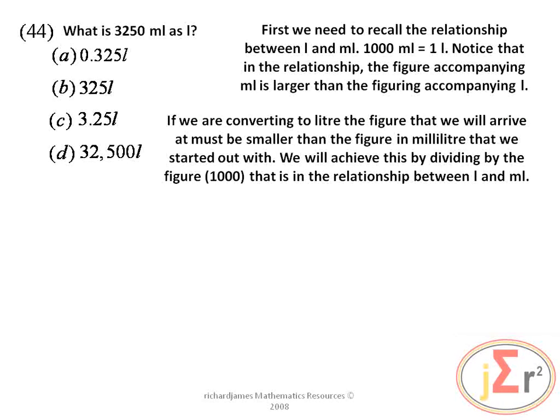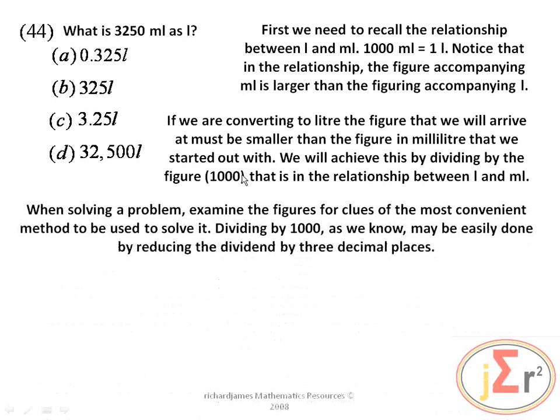We will achieve this by dividing by 1000, and the 1000 is the figure that is in the relationship between liter and milliliter. When solving a problem, examine the figures for clues of the most convenient method to be used to solve it.